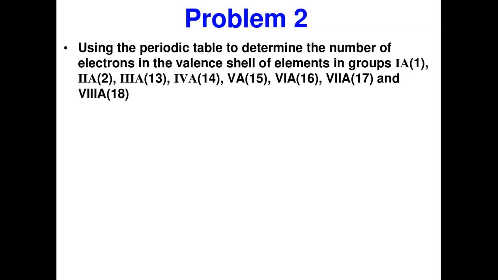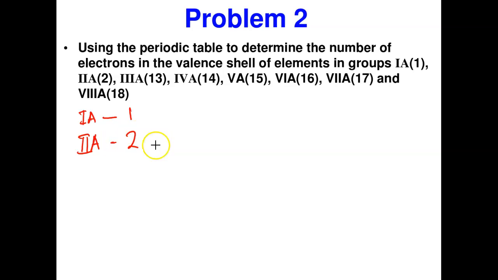Now, the question is coming here. You can always pause this video, try out the problems yourself, and come back for proper comprehension. It says, using the periodic table, determine the number of electrons in the valence shell of elements in each group. I just put all the groups there. Group 1A contains 1 electron. Group 2A contains 2 electrons.